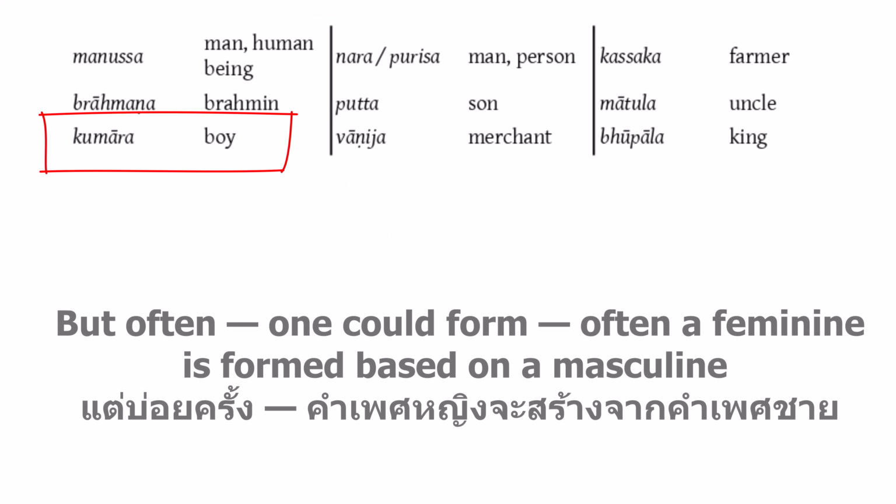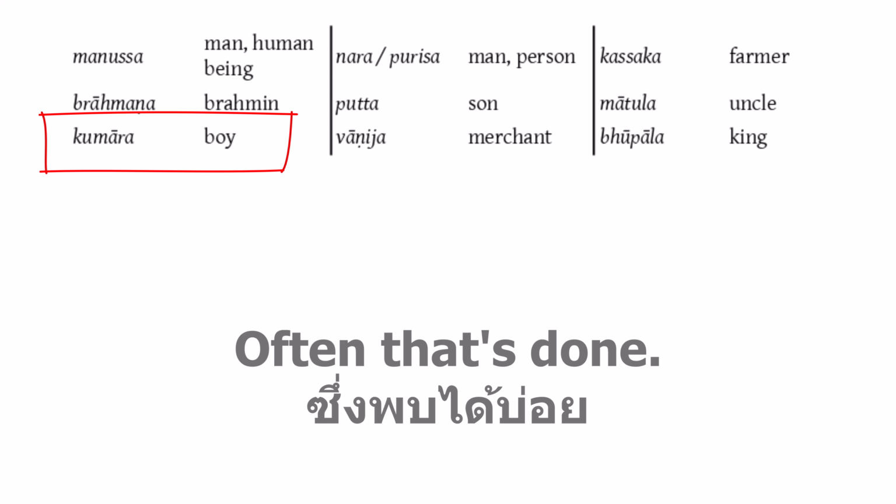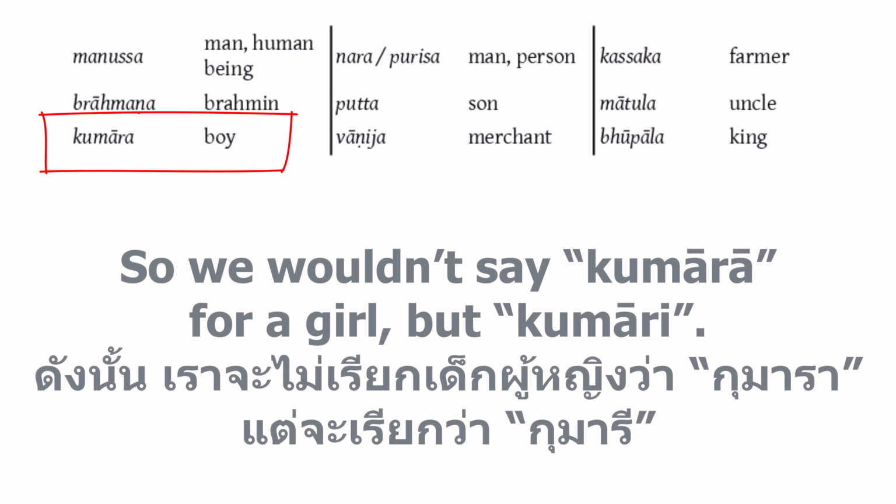Often a feminine is formed based on a masculine simply by changing the short A at the end to a long A. Sometimes the ending is changed from a short A to an I or a long I. So we wouldn't say Kumara, her, a girl, but Kumari.